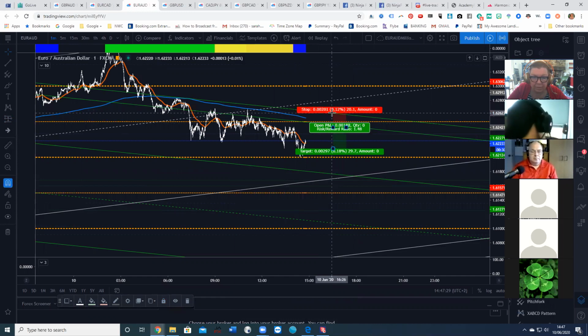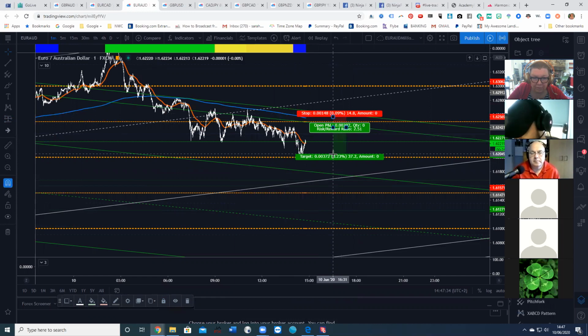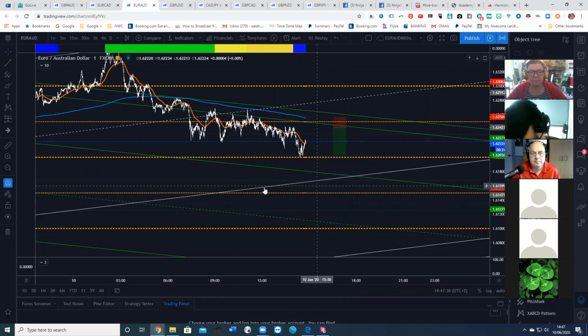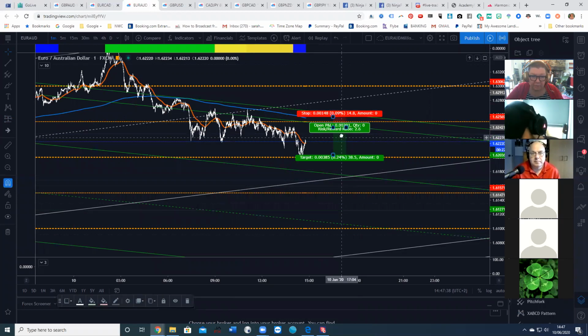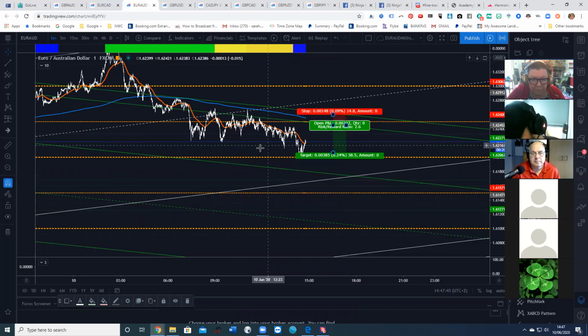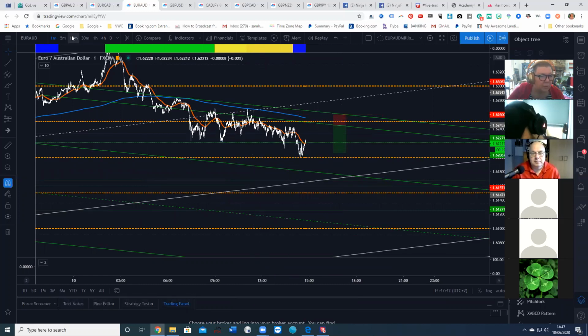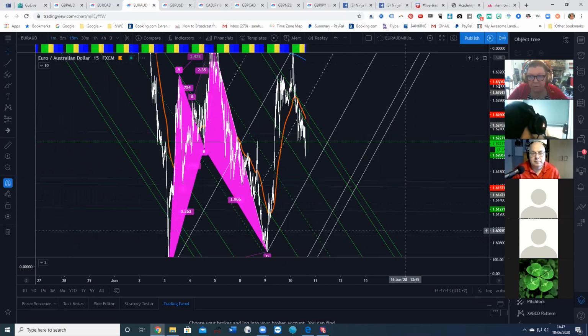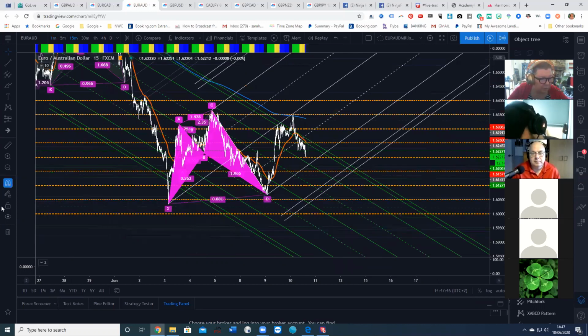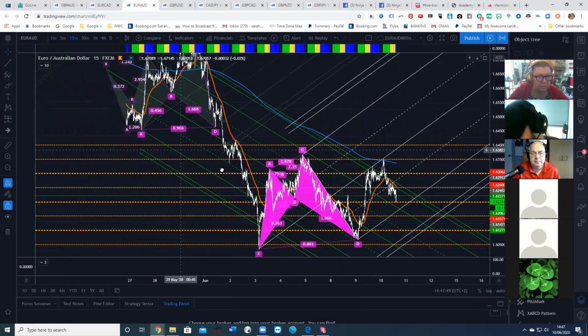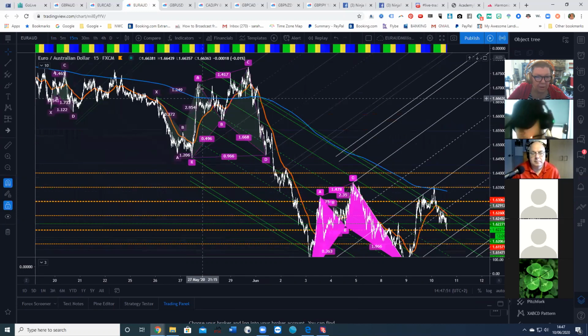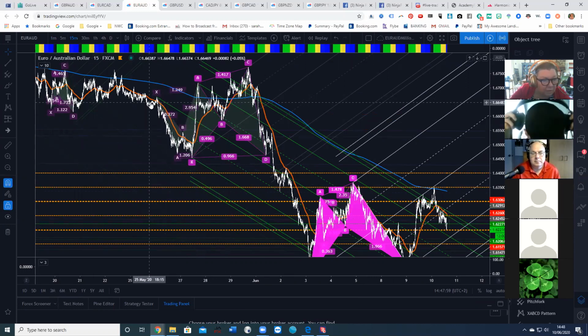So there's potentially a trade there, like that. And I'll just check where that green scan came from, just to refresh my memory. Put the padlock on. So that green scan was XC. Can't see which one it is.